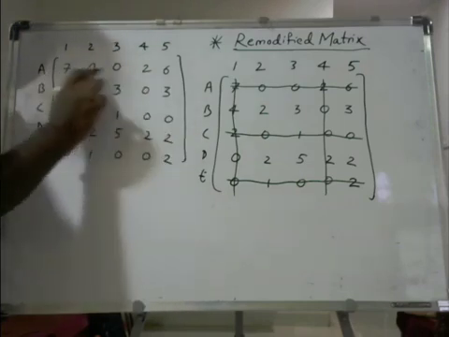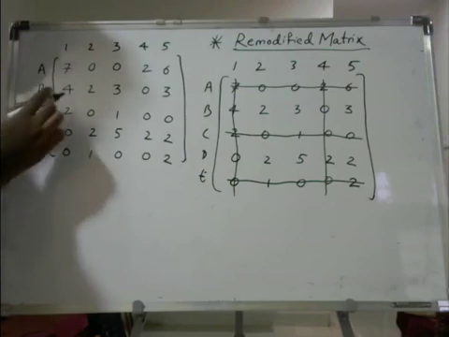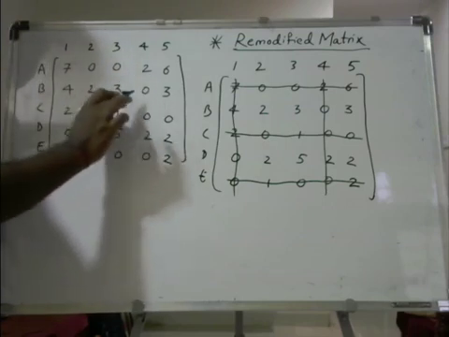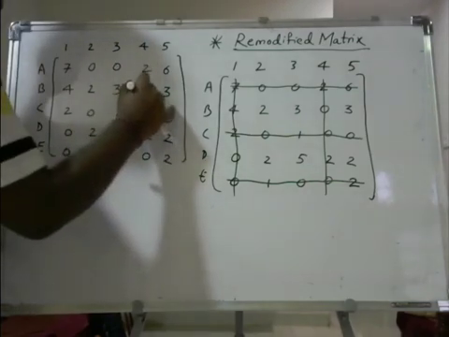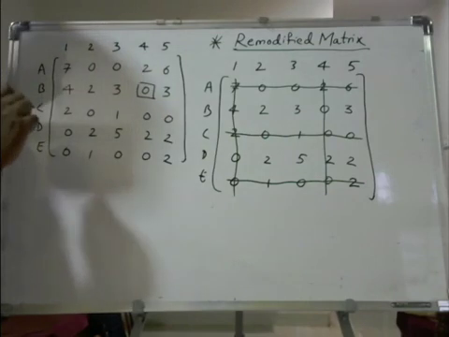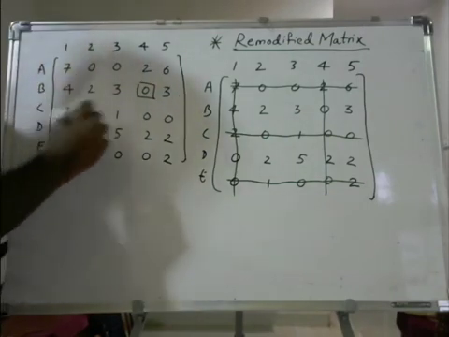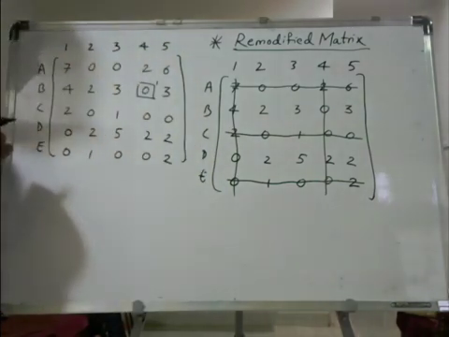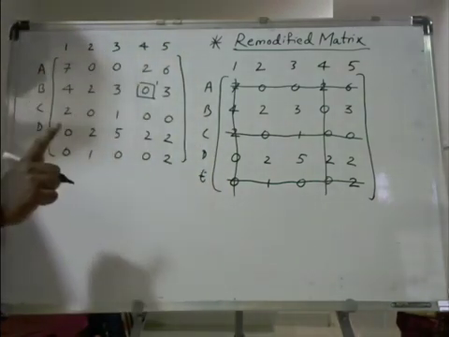Now here in this row there are 2 zeros. I cannot put a box. In this row I have 1 zero, so definitely I can put a box here. Near that box, I will write a small 1 here. This determines that this is the first box.